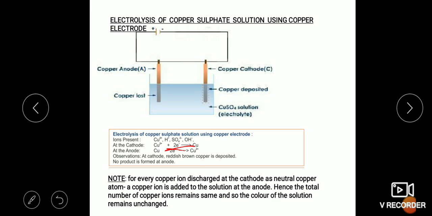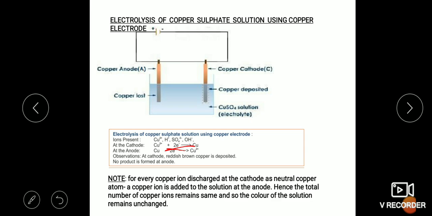So here we can conclude, at cathode both copper and hydrogen ions migrate towards the cathode on switching on the current, but it is the copper ions that are discharged on the cathode because copper ions are below hydrogen ions in the electrochemical series. Thus you can see a reddish brown deposit at cathode which is of copper. Reaction at anode: both hydroxyl ion and sulfate ion migrate towards the anode, but none of these ions gets discharged because the copper anode itself goes into solution releasing electrons.